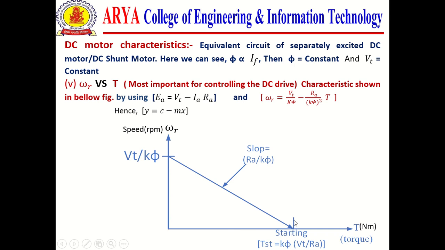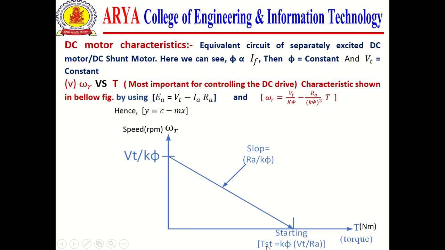At this point, the y coordinate is 0, so c equal to mx, and m equal to the slope. Comparing with this equation, what is mx? Here T is x and omega r is related to phi. So c equal to Vt upon K phi, and m equal to Ra upon K phi squared.